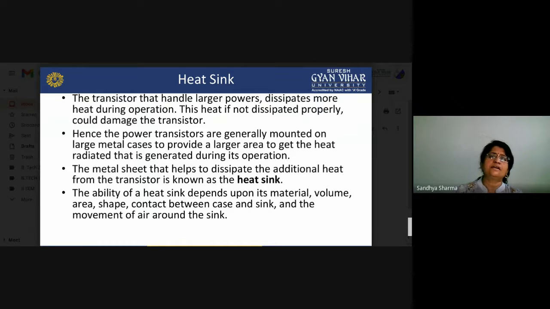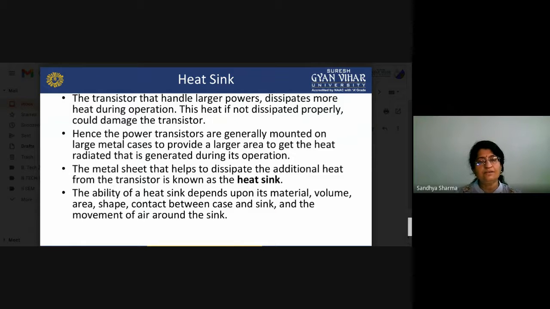So apart from biasing and stability factors, if transistors are working and have to handle large power, they dissipate more heat during operation, otherwise your transistors will be destroyed. So power transistors are generally mounted on a large metal case to provide a large area for the heat generated during operation to be radiated.